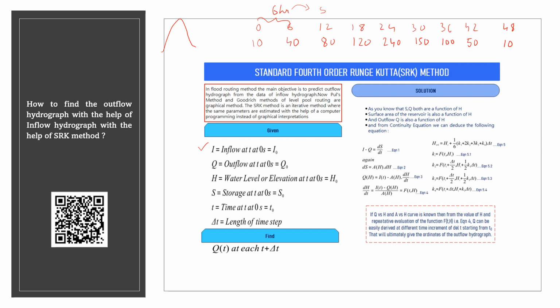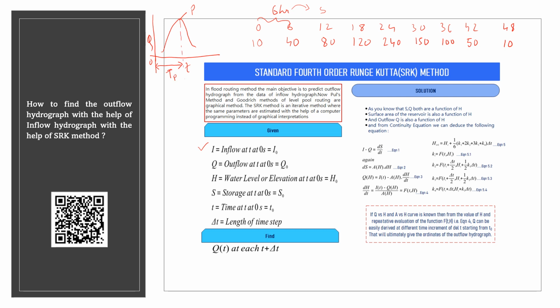So if I draw this hydrograph, and if this is the Q and this is the T, this will be your peak, and this is actually the time to peak, from 0 to the peak time. This is T, time to peak.